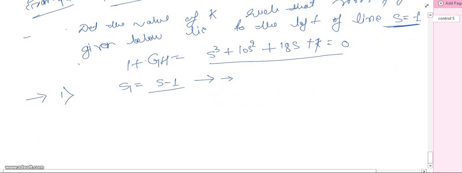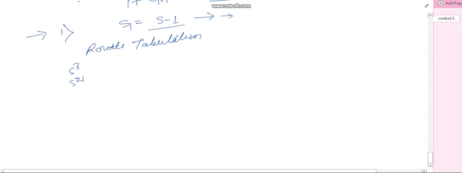Okay, so Routh tabulation: s cube, s square, s1, s0, this is 1, this is 1.